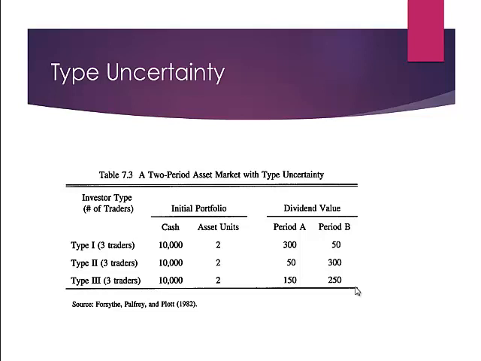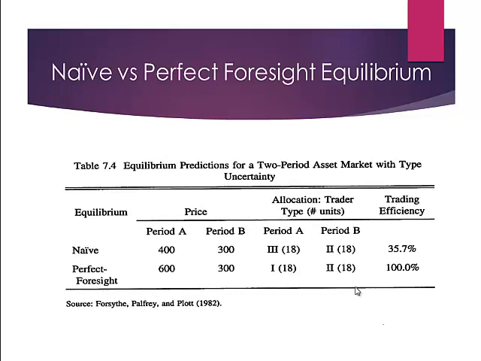So then the experiment was run, and according to this, there are 2 types of equilibrium.